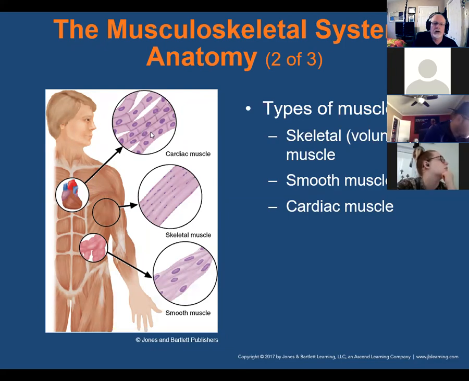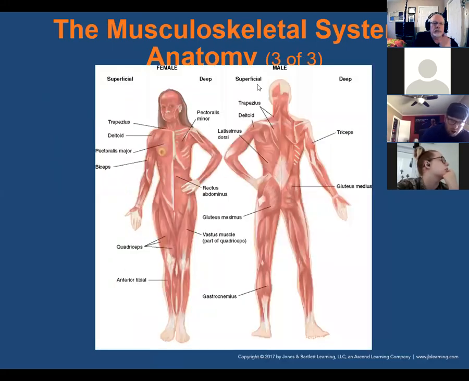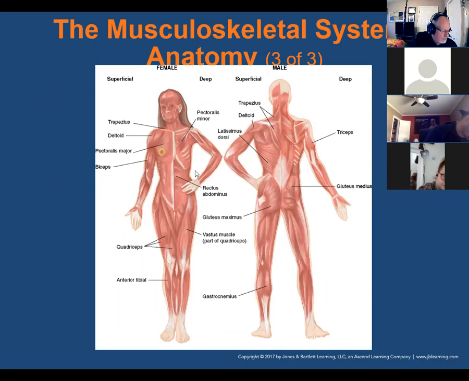Each one of those cells can take over and pace the heart if the normal pacing system fails. I'm not going to make you memorize all those. There are important ones that you need to know. We'll be talking specifically about those as we go along.